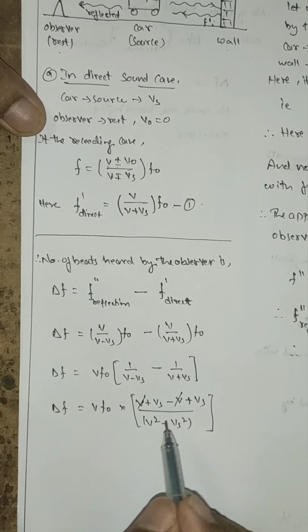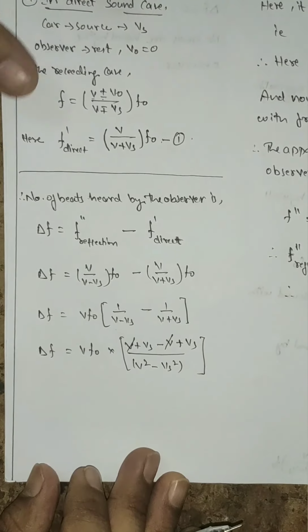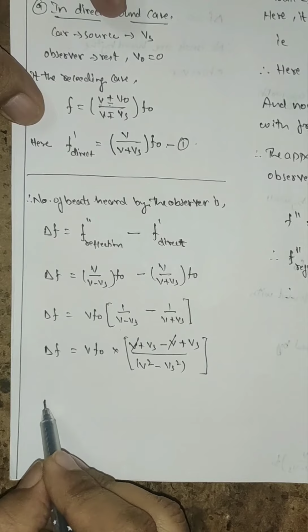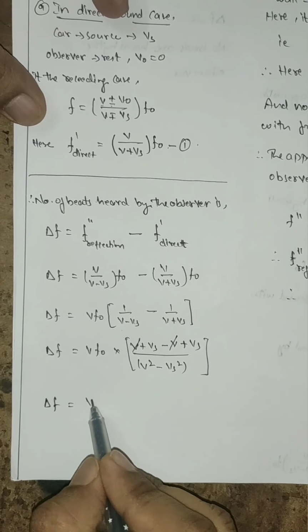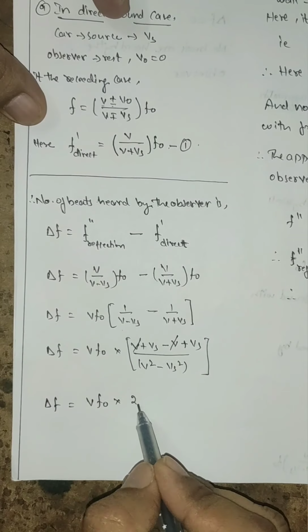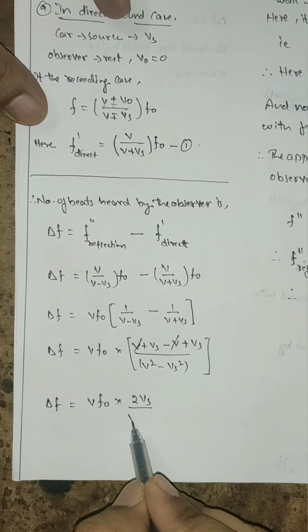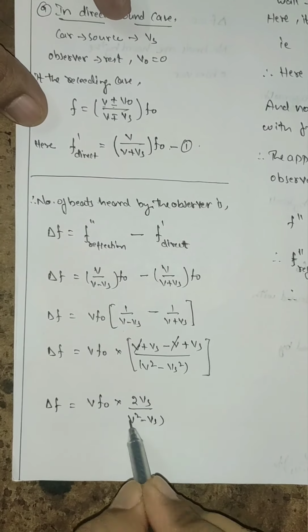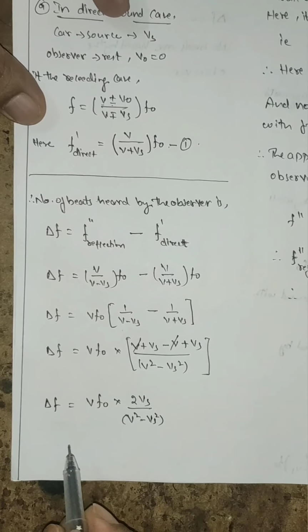Now here V and V get cancelled, so therefore delta f is equal to f naught into 2 Vs by (V square minus Vs square).